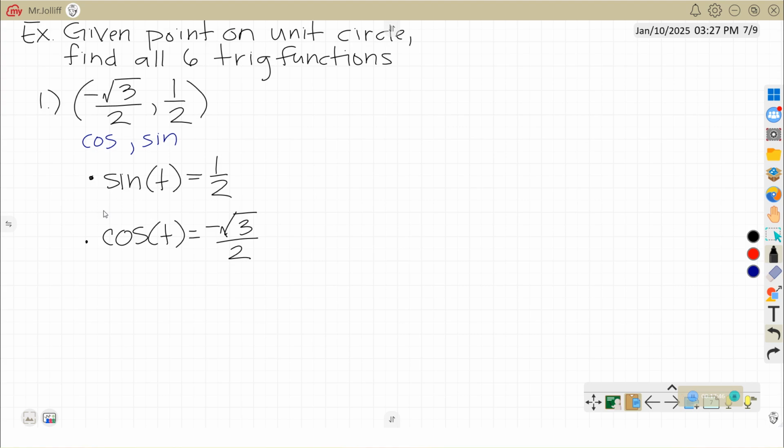And our job is to use those to find the other 4. And we're just going to go down that list of 6 that we created above.